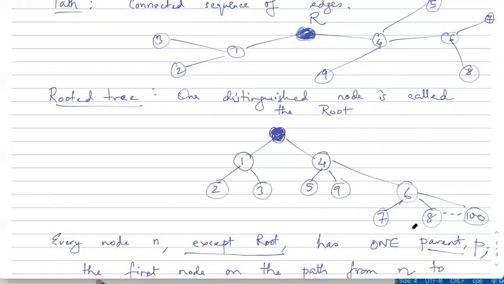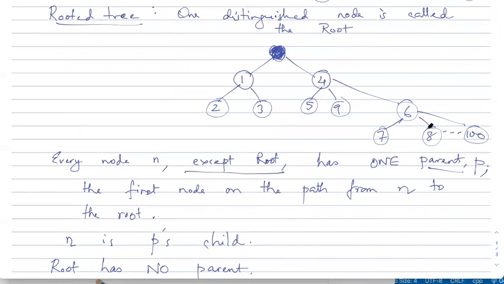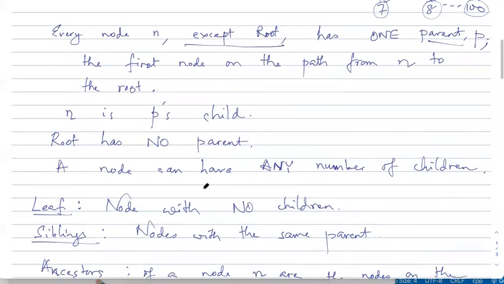Who can list all the ancestors of 8? 8, 6, 4, root. Very good. So it is inclusive of the node itself and the root.